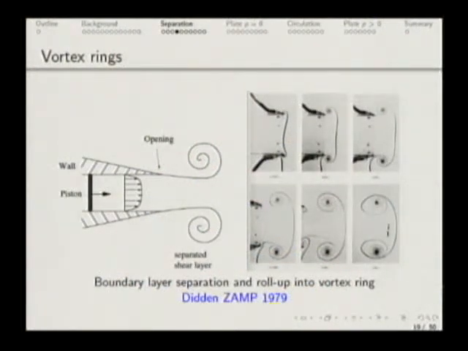That boundary layer separates at the edge and forms a vortex ring, like you would blow, if you know how to blow a smoke ring. That's the way you form a smoke ring. And these are visualizations. He did these nice flow visualizations, and he also measured velocity fields, vorticity fields and circulations, with the accuracy available at that time.